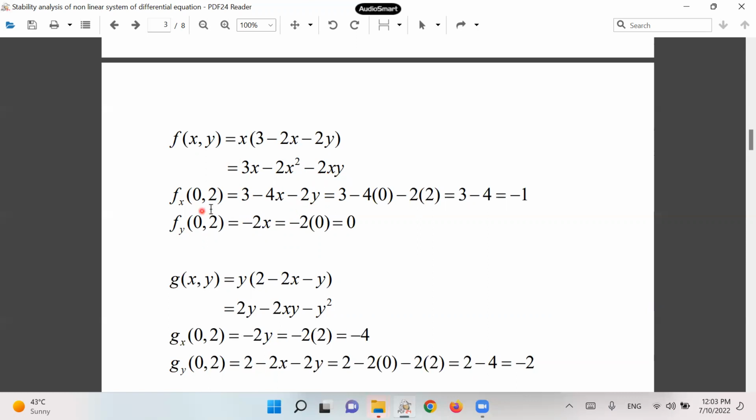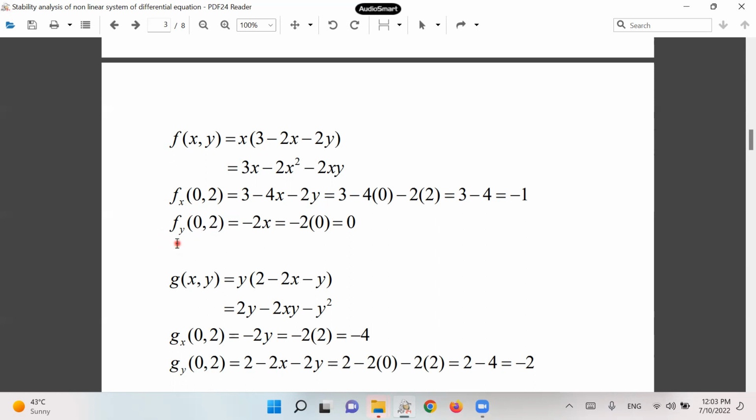Now we substitute the values: x is 0 and y is 2. Wherever there is x, we substitute 0, so the 4x term becomes 0. And wherever there is y, we substitute 2, so 2 into 2 becomes 4. So 3 minus 4 equals minus 1. This is the partial derivative with respect to x at critical point 0, 2.